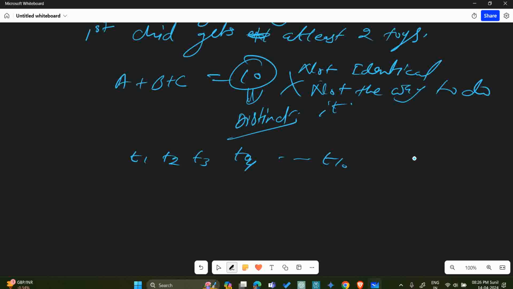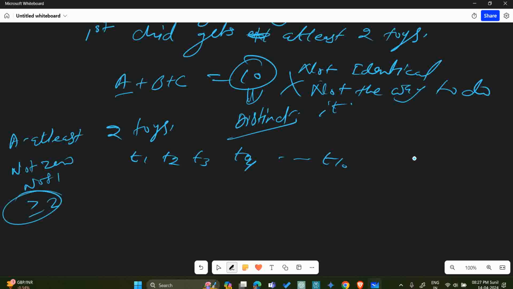We can give it to the first child, who has no restriction on the first child. What we can do is: at least two toys. At least means not 0, not 1, greater than or equal to 2.